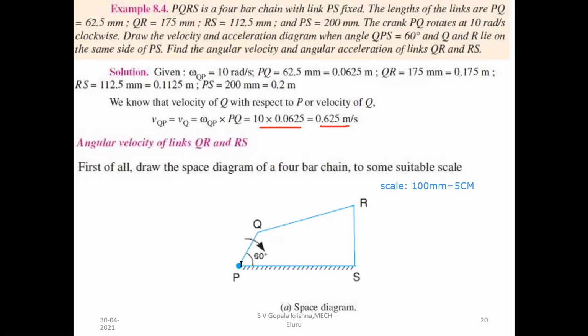Then you can draw the PQ line. The PQ value is 62.5 mm, so how many centimeters is that? 62.5 divided by 100 into 5. Just take the scale.